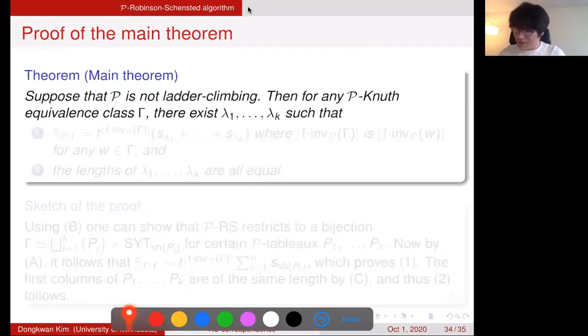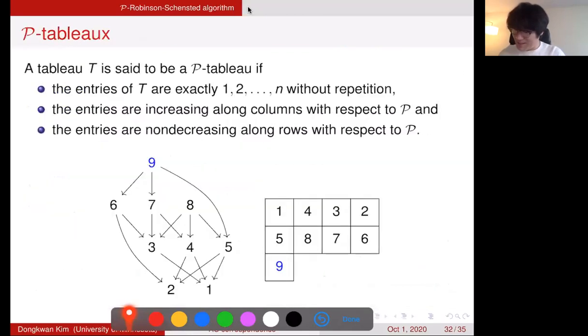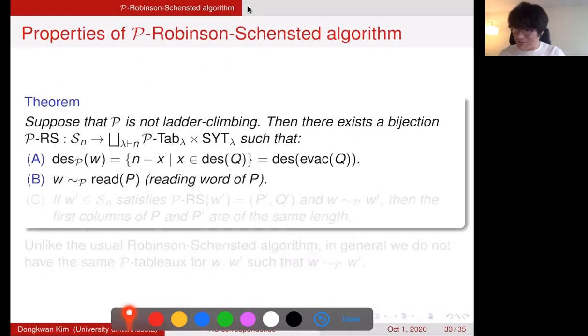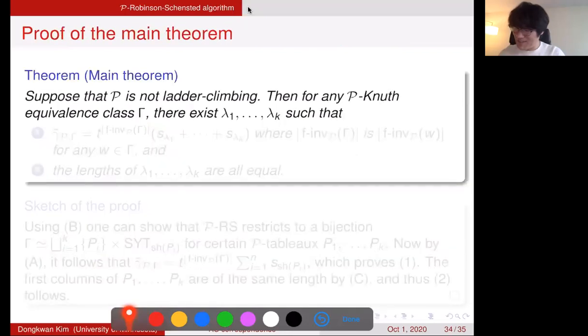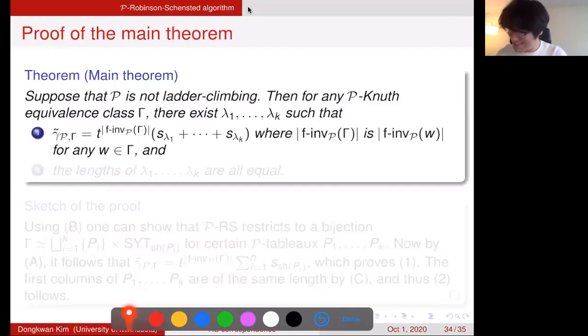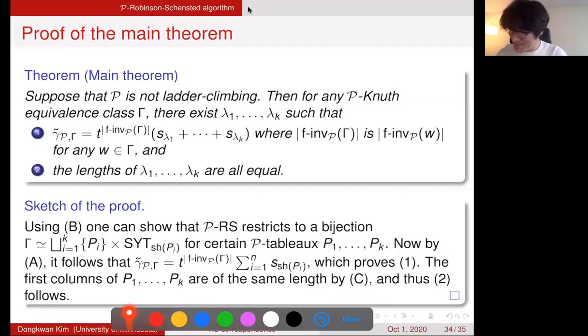I believe that I just didn't write down how to define this Robinson-Schensted here. But we do not have much time, so let me briefly mention a couple of properties.